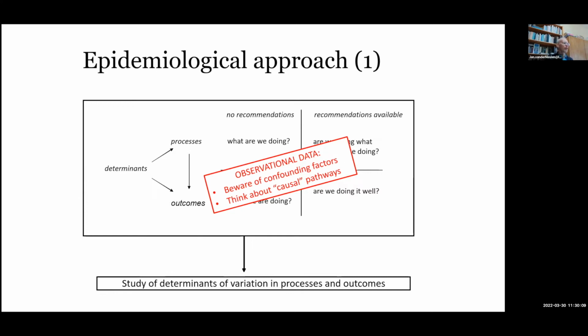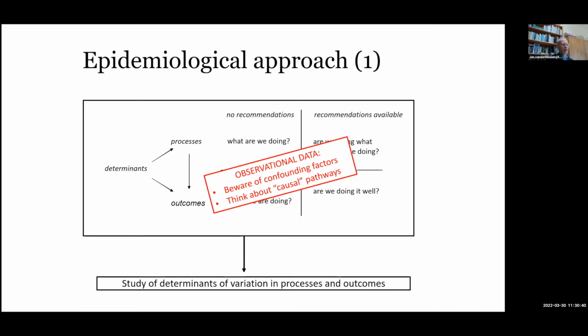If you compare, for example, patients who did and did not get a particular treatment, you really need to be aware of confounding factors, because the determinants of outcomes, for instance, age of a patient or age of a particular group in the population, might have an impact on patients' health, but might also have an impact on the care or the interventions that patients get. So we need to think about confounding factors.